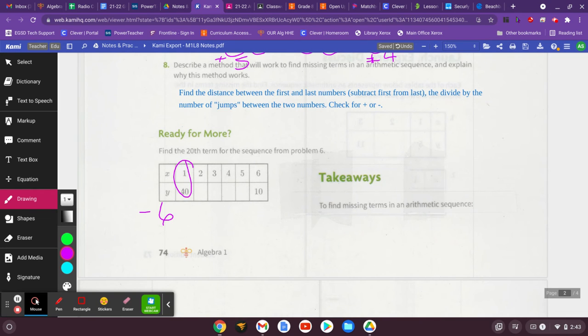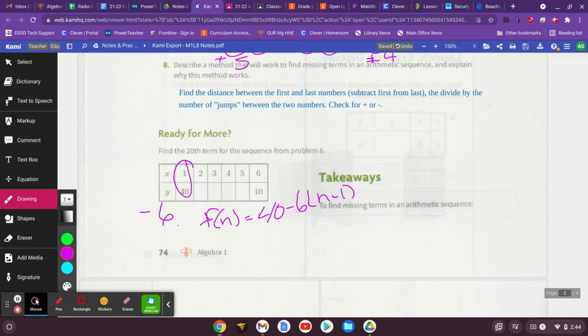We have a first term. We have a common difference. So that means f of n equals my first term, 40, and I'm going to subtract 6, but it's the first term, so n minus 1 times.